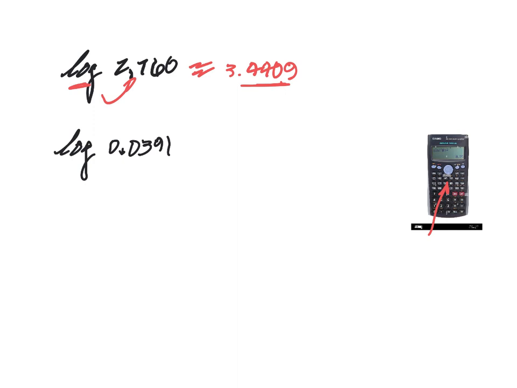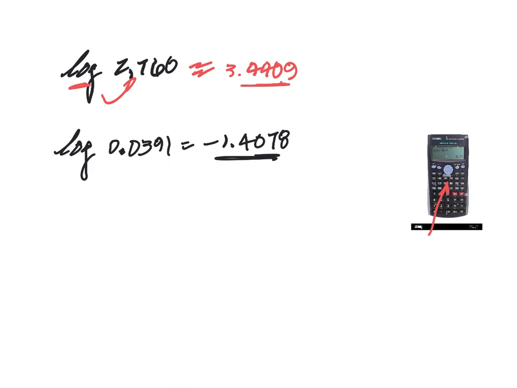This is example number 2. And you should get a number similar to 1.4078. Okay, so if you put in 0.0391 and you hit the log key and you get this number, that means you have your calculator figured out.